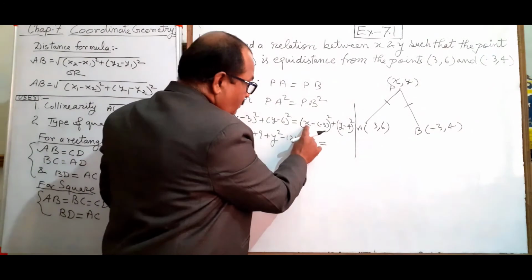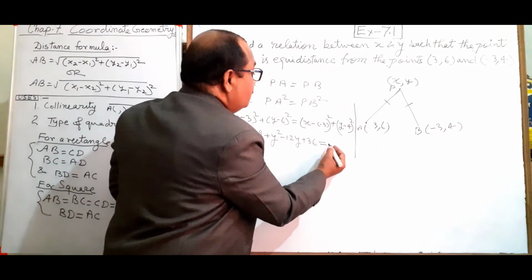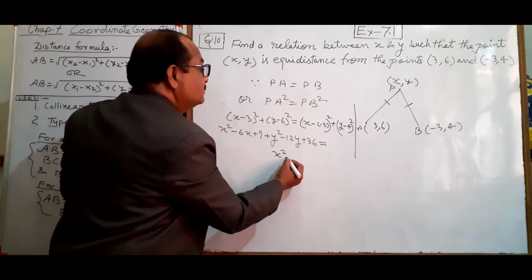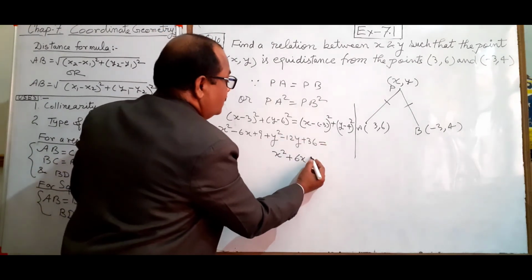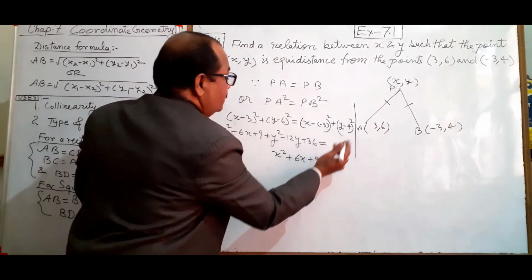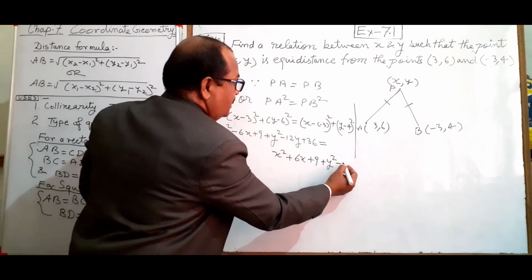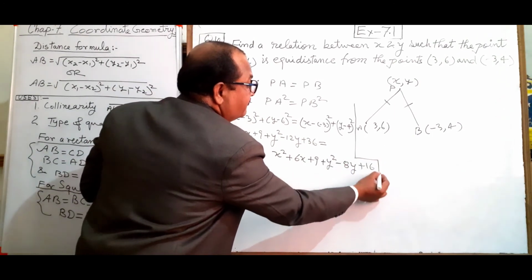It is x plus 3 whole square, we can write it as x square plus 6x plus 9, and squaring of this one, y square minus 8y plus 16.